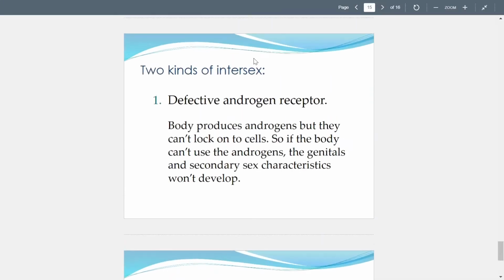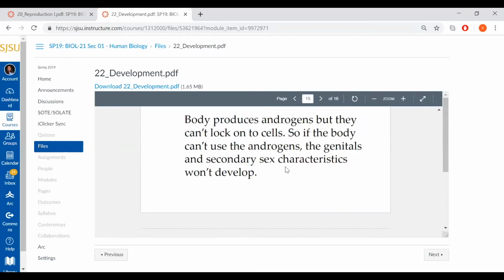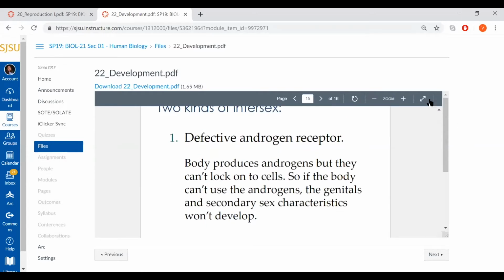I would say the most important things for that are the weeks, specifically what happens in each week. Week 5 and 8, the arms, legs, and hands are formed. And then week 7, the male and female genitals develop.